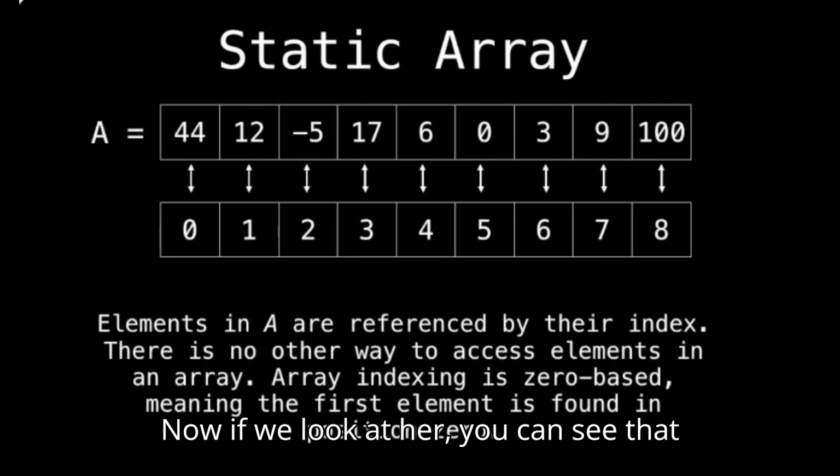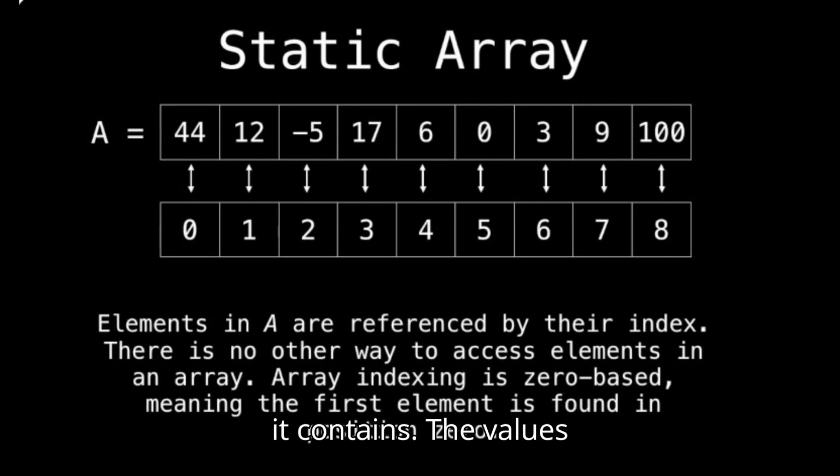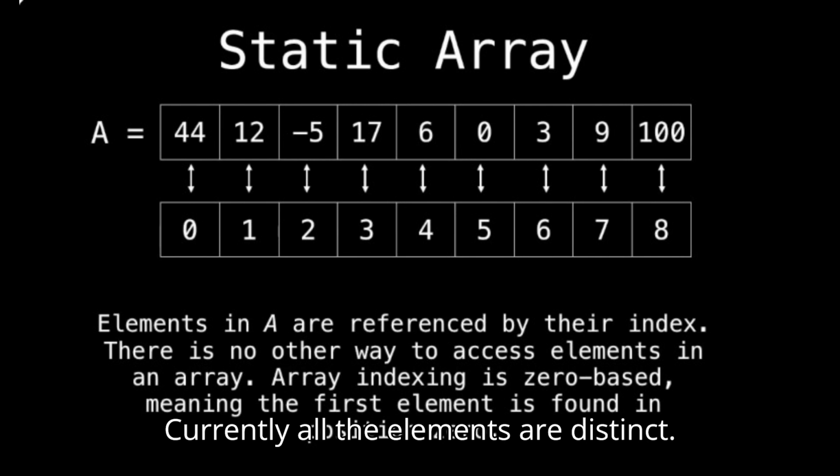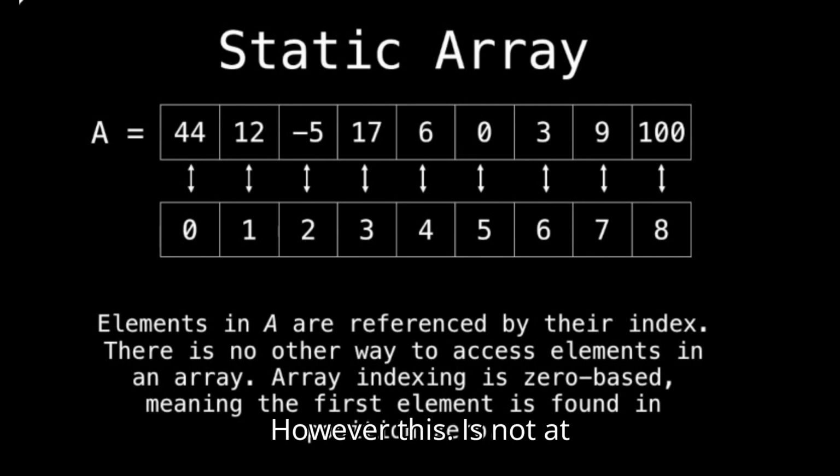Now, if we look at A, you can see that it contains the values 44, 12, -5, 1, 7, 6, 0, 3, 9, and 100. Currently, all the elements are distinct. However, this is not at all a requirement of the array.